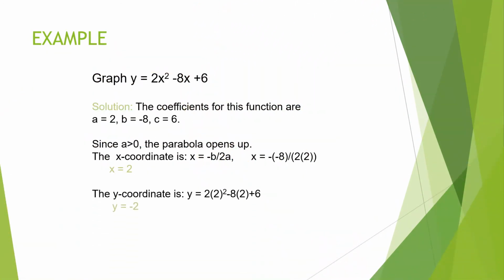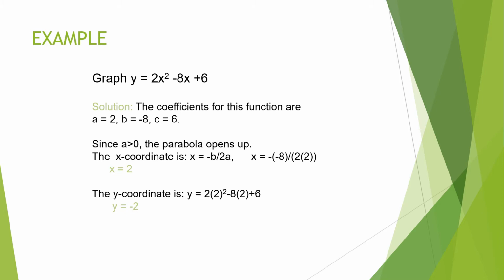Now, after we determine the value of the x-coordinate of the vertex, and that is 2, this time we're going to determine the value of the y-coordinate, and the question is how. The answer is by replacing the value of x in the original function 2x squared minus 8x plus 6, and then we get that the value of y equals negative 2.